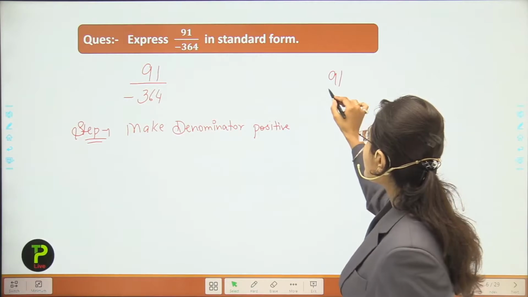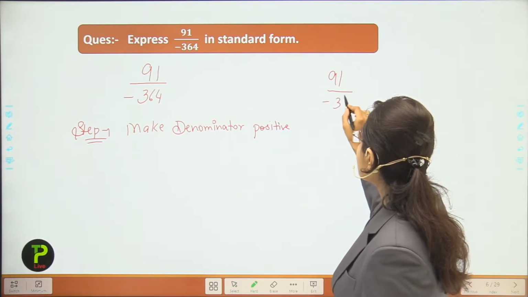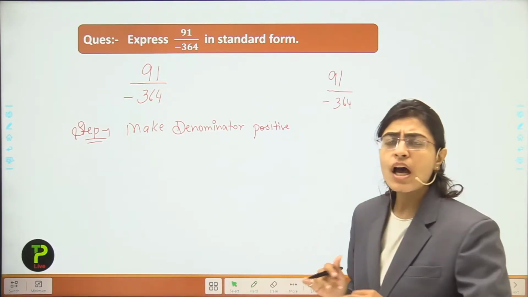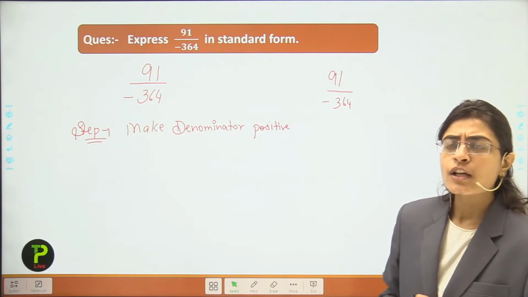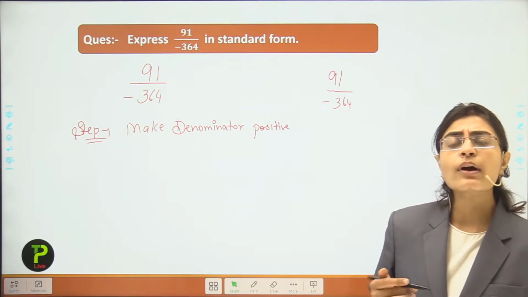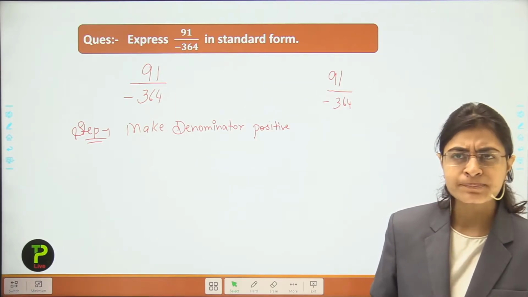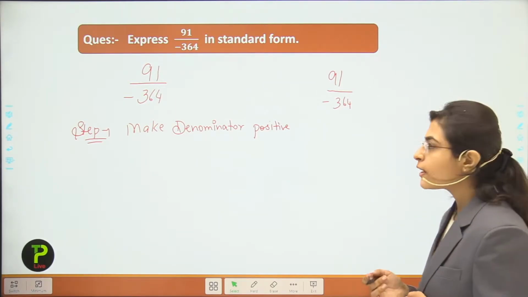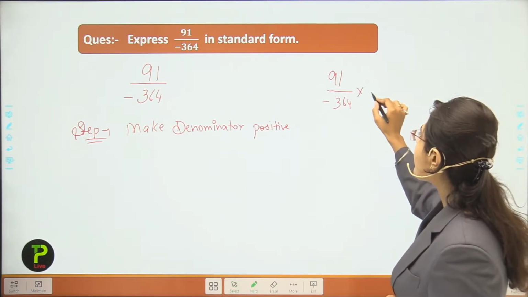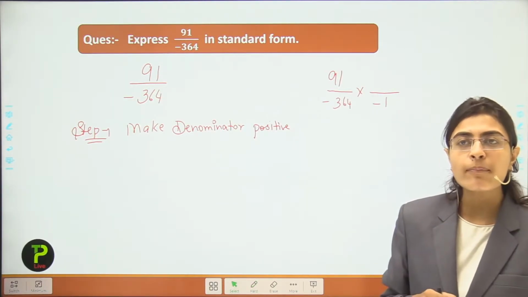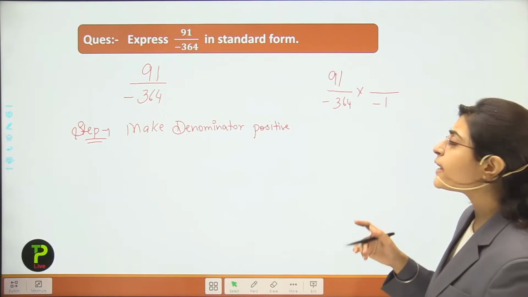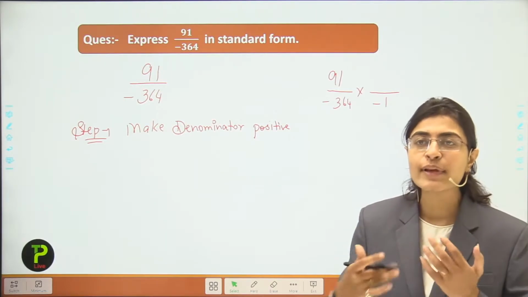So here 91 by minus 364. Now what I have to do? I have to make the denominator positive, isn't it? So what should I do? I'll multiply it by minus 1. So if I multiply minus 364 by minus 1, I have to multiply 91 by minus 1 as well.